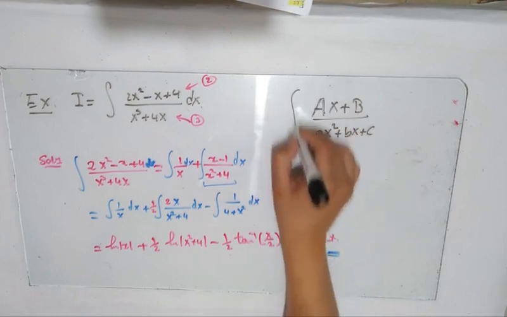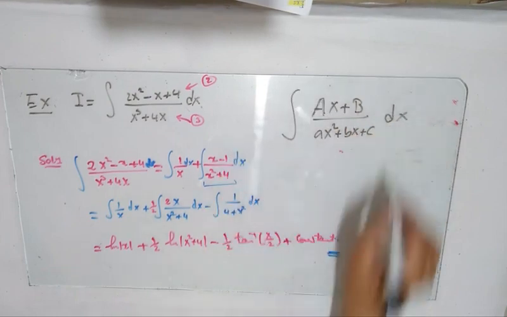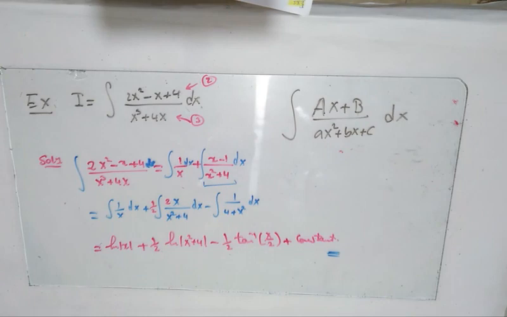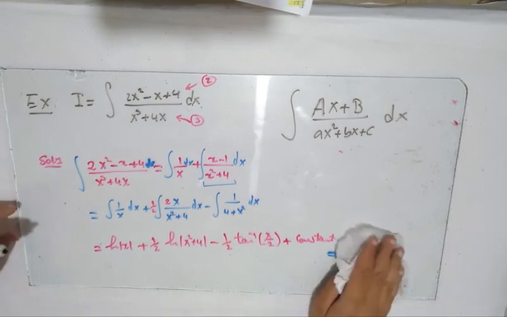How can we integrate such a rational function? Let's see an example to see how we can deal with this kind of integral, which is not hard.